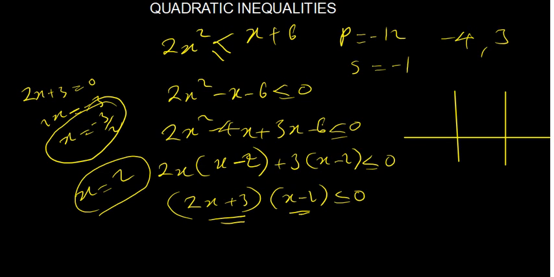So the first factor we have is 2x plus 3. The other one we have is x minus 2. The critical points are negative 3 over 2 and also positive 2. So what happens if we get anything that is less than negative 3 over 2? Negative 3 over 2 is about negative 1.5.